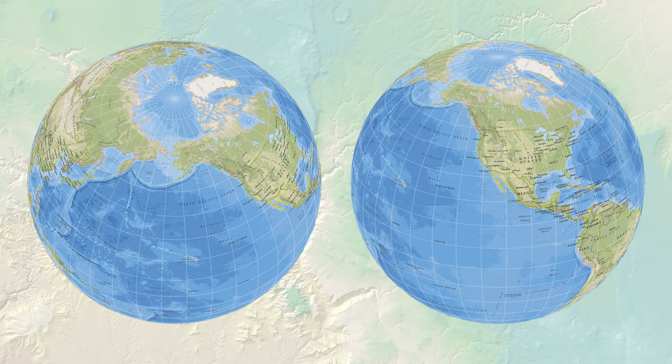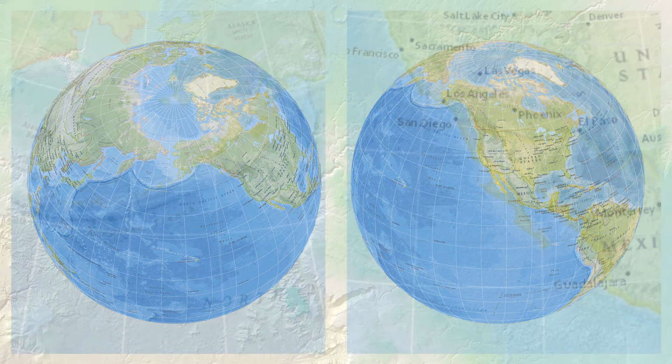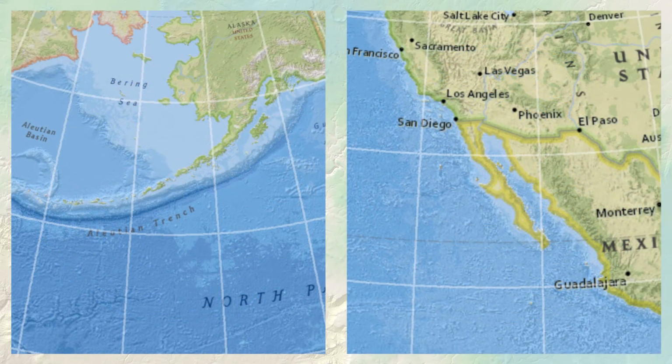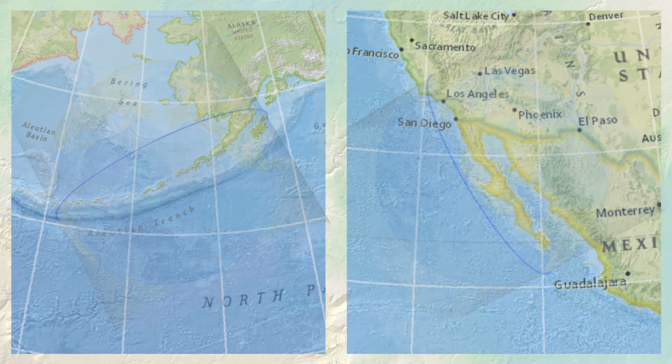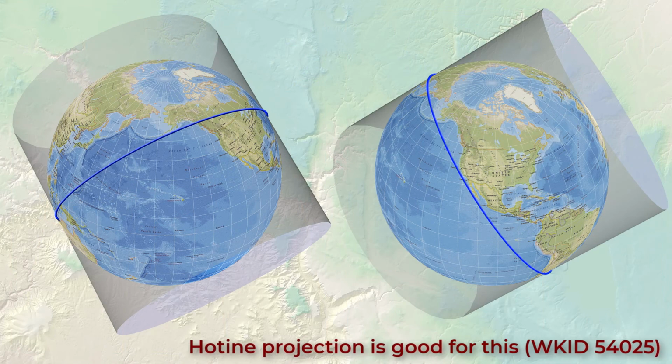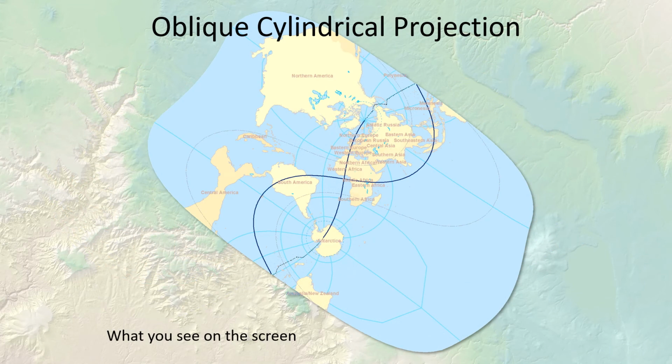These are both fairly long linear features, and if we want to minimize projection distortion as much as possible while using a cylindrical projection, then we might orient the cylinder such that the cylinder touches the planet's surface along these linear regions. Here's what oblique cylindrical projections look like when you unwrap them. Kind of odd looking, and we don't usually use them globally, but they do work really well for those scenarios I described, long linear regions that aren't oriented perfectly north-south or east-west.